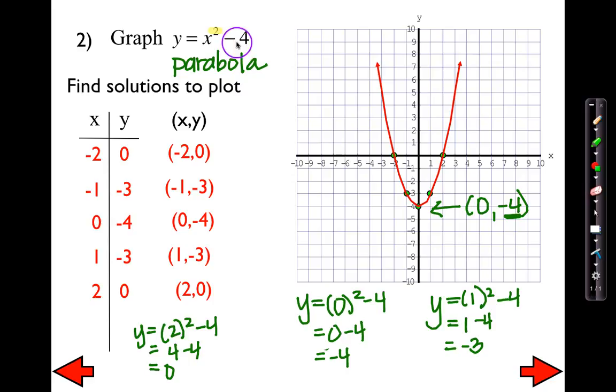So once again, hopefully you can see the connection with the equation and with your y-intercept here. And again, your parabola is opening up, which is probably why your coefficient is positive. And last but not least, you do expect to see a parabola because of your degree here.